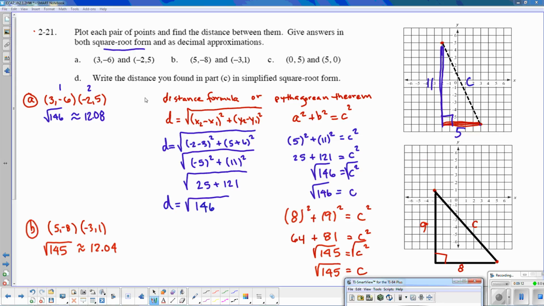So that's letter B. Letter C says we're supposed to do this for (0, 5) and (5, 0). So I'm going to be creative and add this one in on the graph over here. The point (0, 5), which is right up here, and the point (5, 0), which is right there.